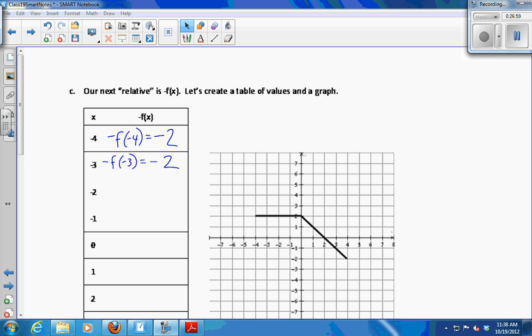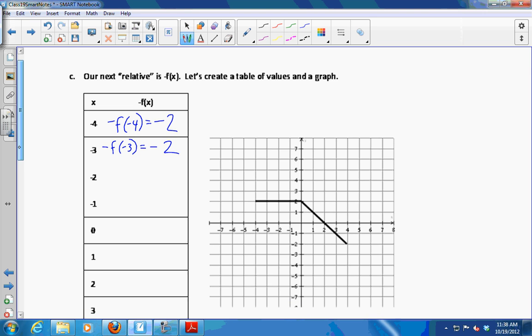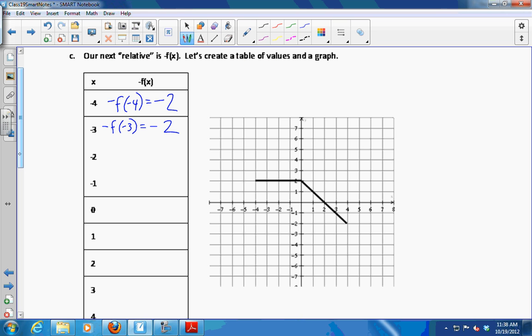Okay, so let's finish doing these together. Working on negative f of x. So when x is negative 2, we're going to do negative f of negative 2. Just plug in the x that you're given, get the result, and take the opposite. So when I plug in a negative 2, the output is positive 2, but then I have to take the opposite of it, so I get negative 2.